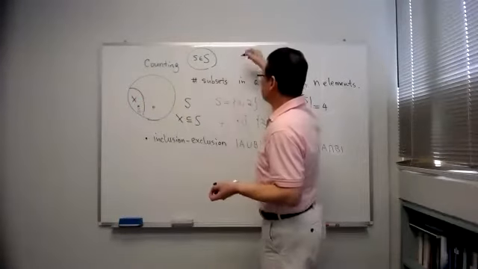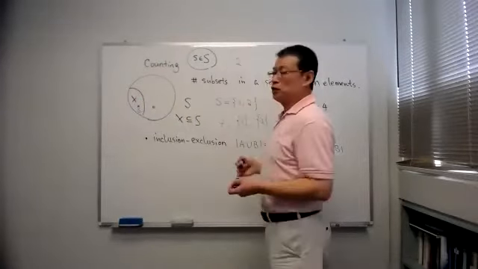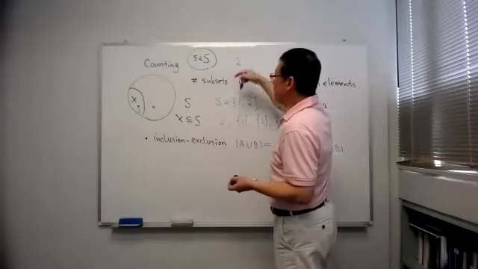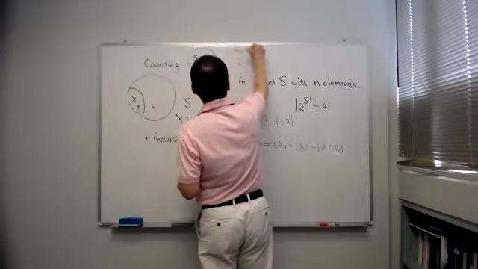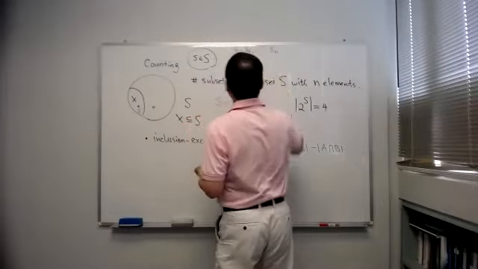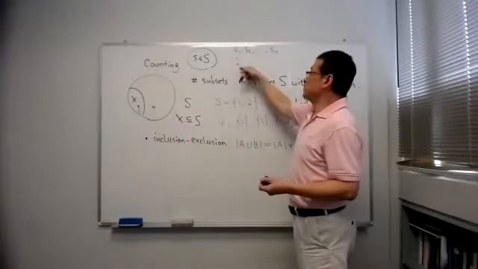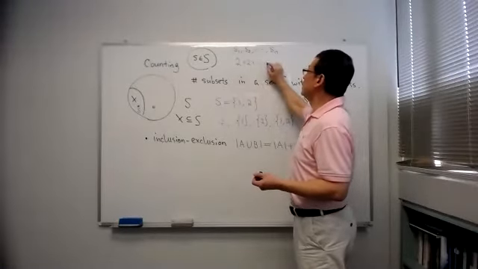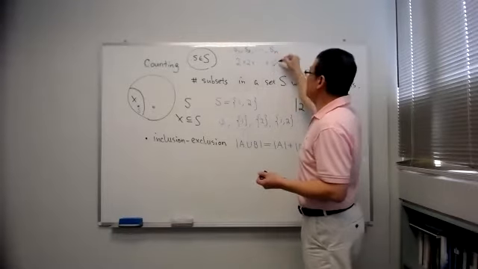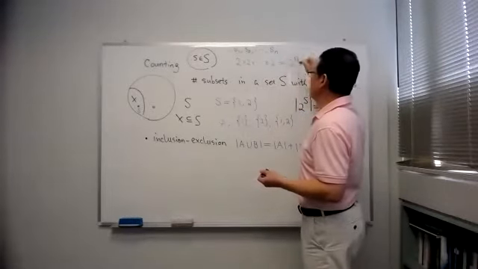So for each element, there are two possibilities. So we use the multiplication rule. If we name the elements S1, S2, up to Sn, then S1 has two possibilities, S2 also has two possibilities, and so on. Sn has two possibilities, so that gives us 2 to the power n.